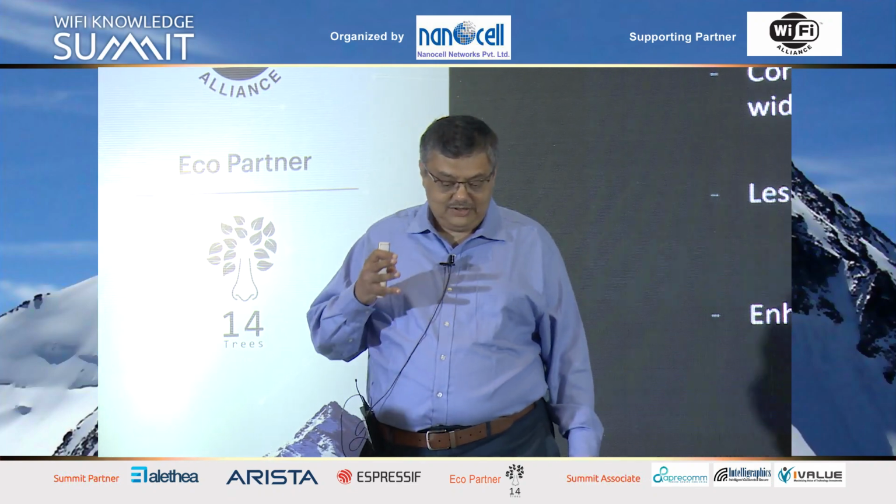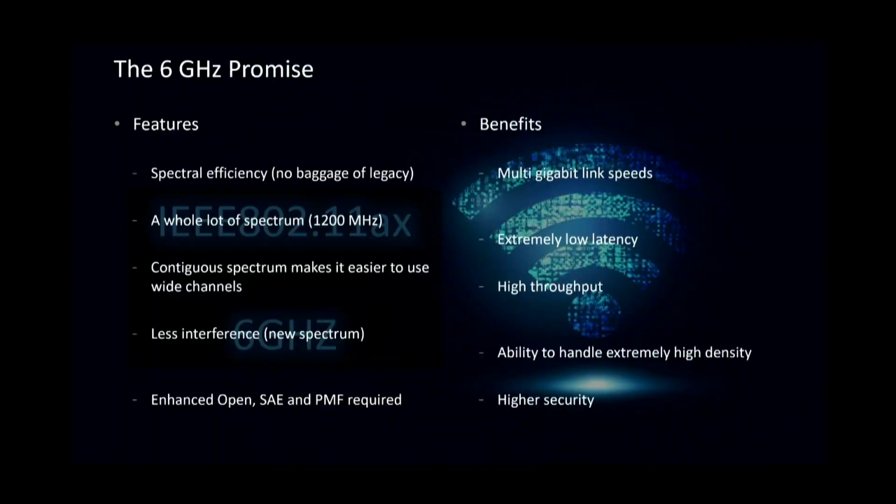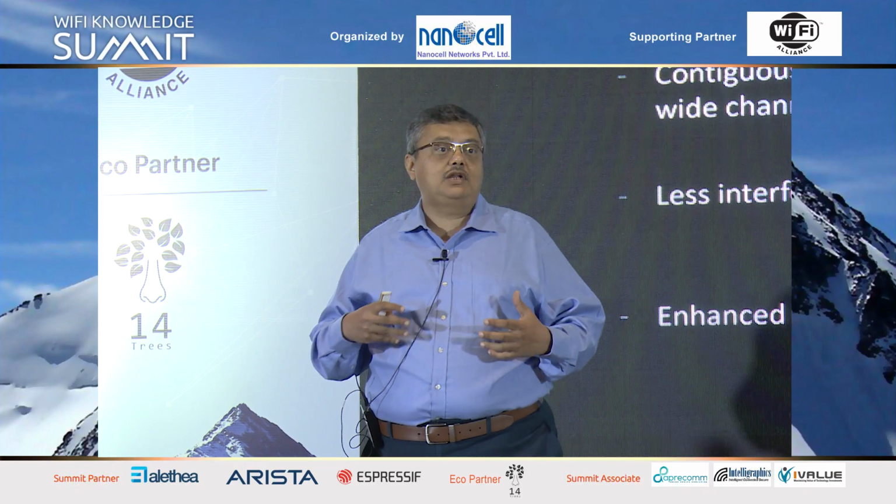What has happened is that we all saw that 5 gigahertz is now very crowded, and 2.4 has so many problems. With 6 gigahertz, the whole industry is expecting that we will get all the benefits that were promised with AX but were not possible because of the backlog we carry about backward compatibility.